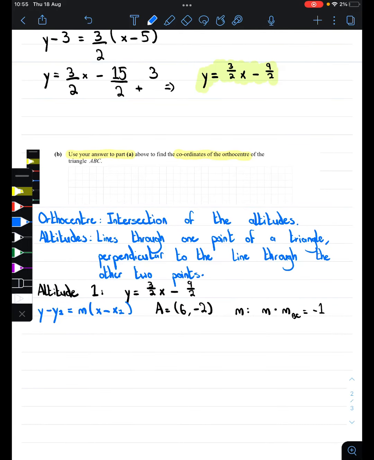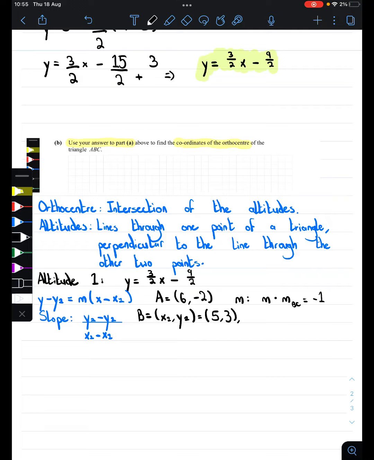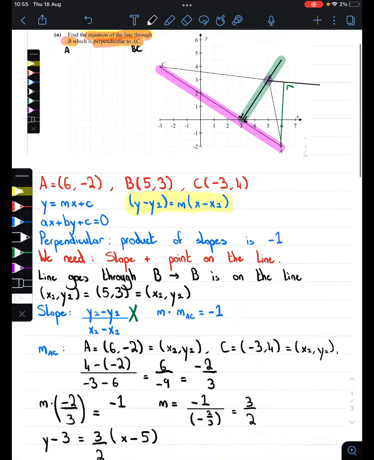Okay, so now we need to find the slope. If we use our slope formula, we can find the slope of BC: y2 minus y1 over x2 minus x1, where B is x1, y1, which is (5, 3), and C is x2, y2, which is (-3, 4).